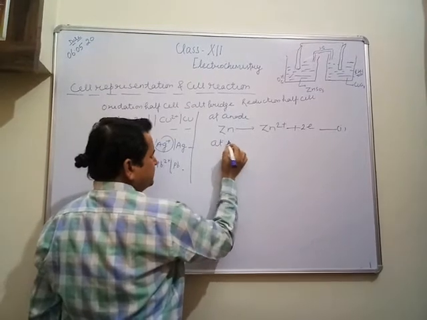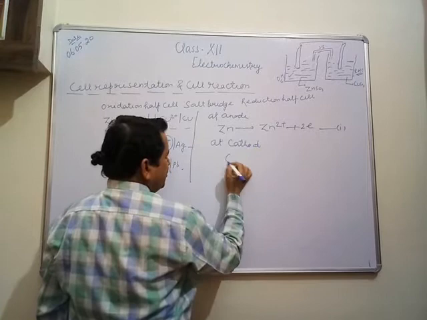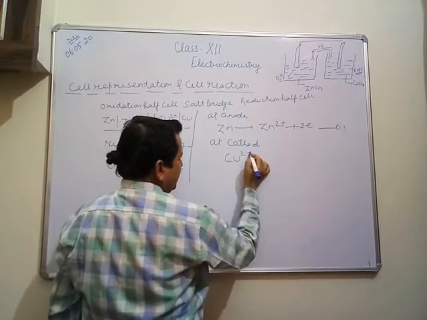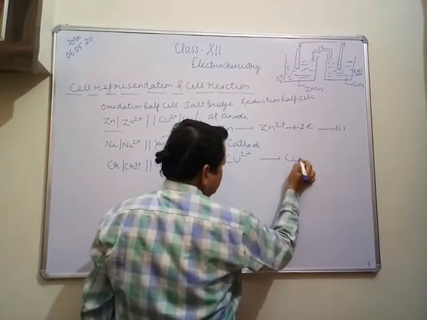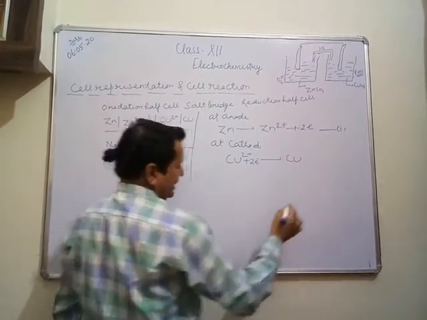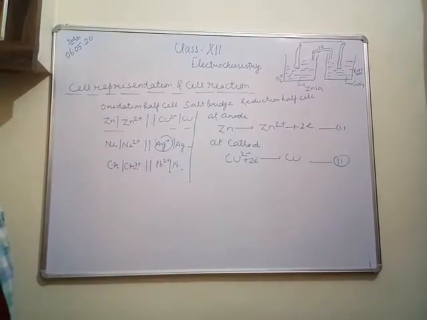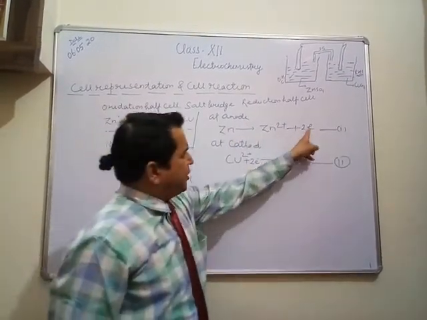At the cathode, you can see copper 2 positive is converting into copper. Here it will require 2 electrons, and this will be the second equation, right? Now in both reactions the number of electrons is 2.